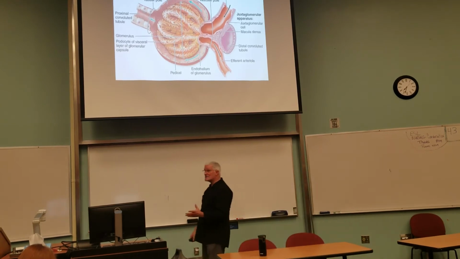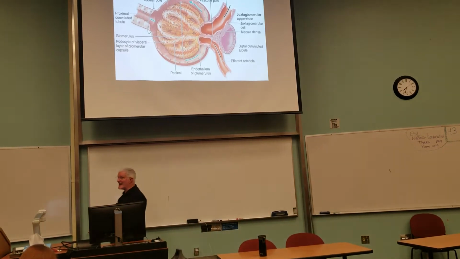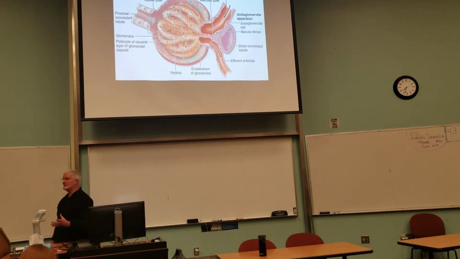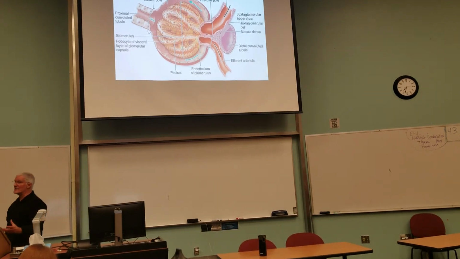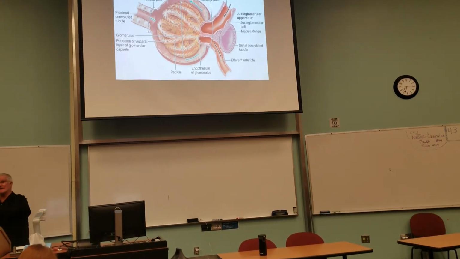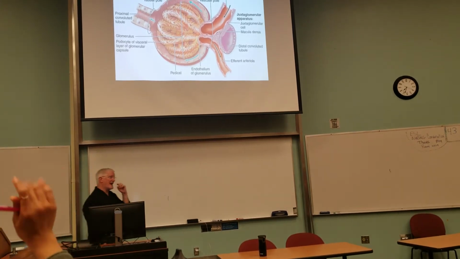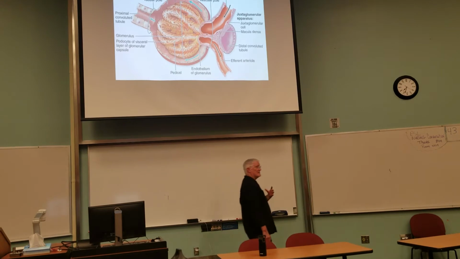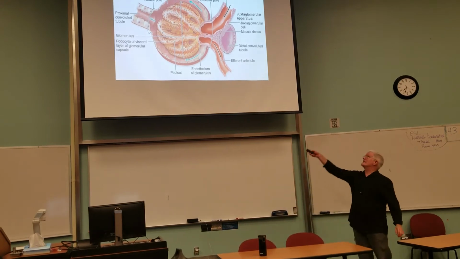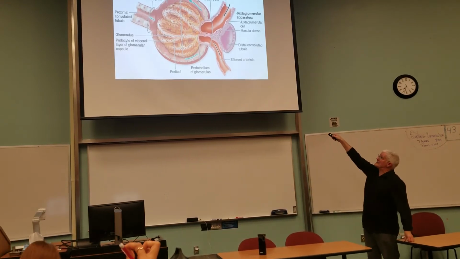So 1,000 minus 180 would be 820 liters coming out the other end. So we're getting 180 liters leaving this capillary ball and entering this structure here. That's going to become urine.